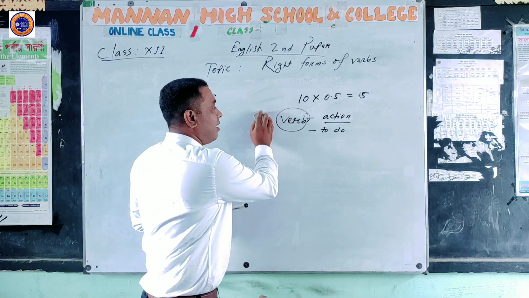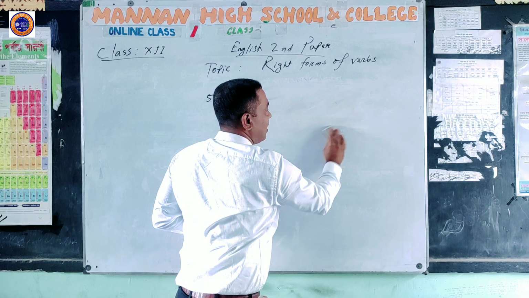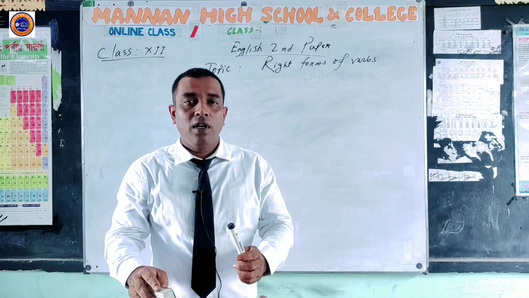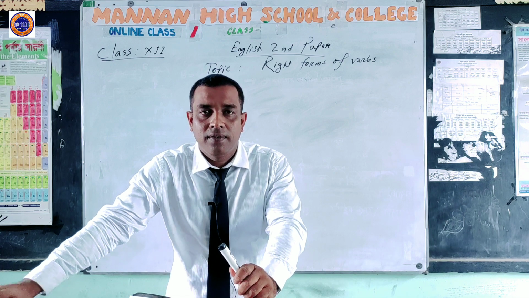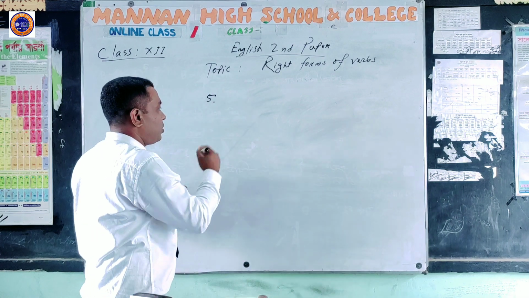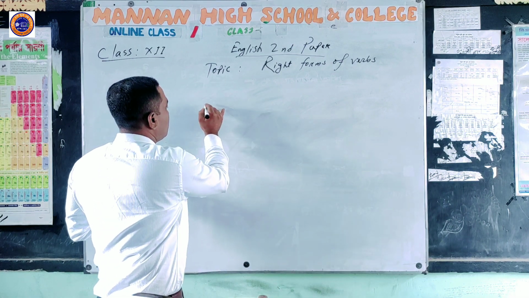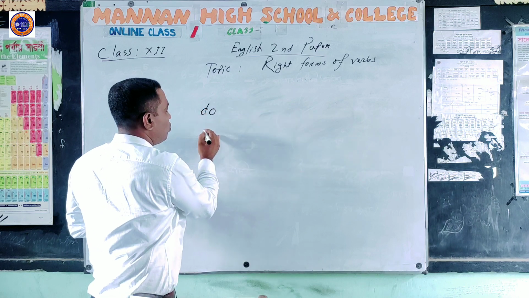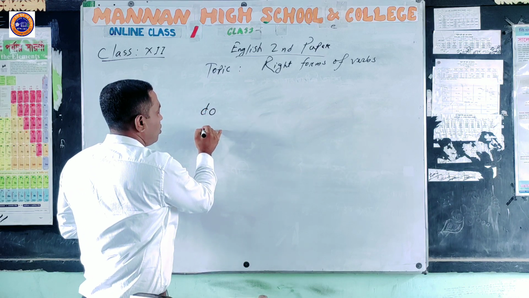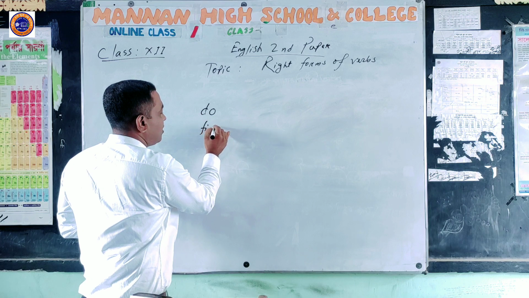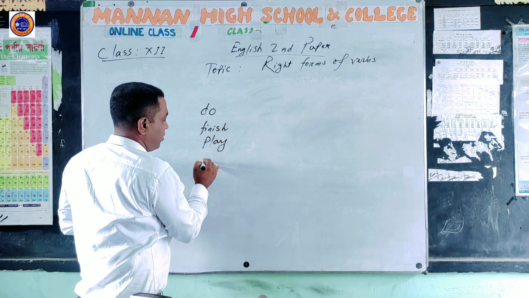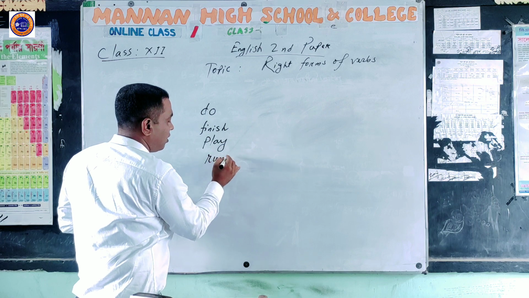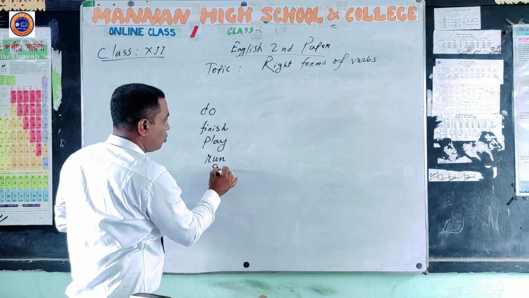Now we will learn how many forms a verb may have. Suppose I am giving you some examples: do, finish, play, run, go.